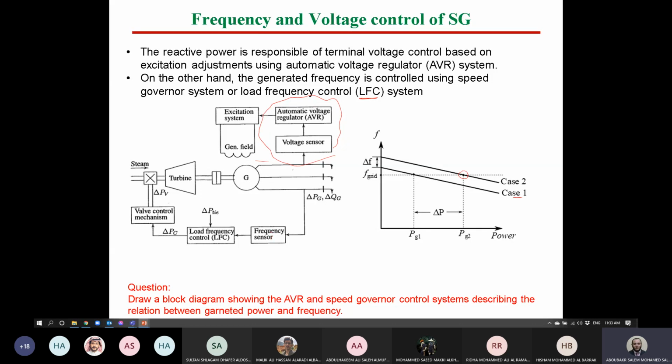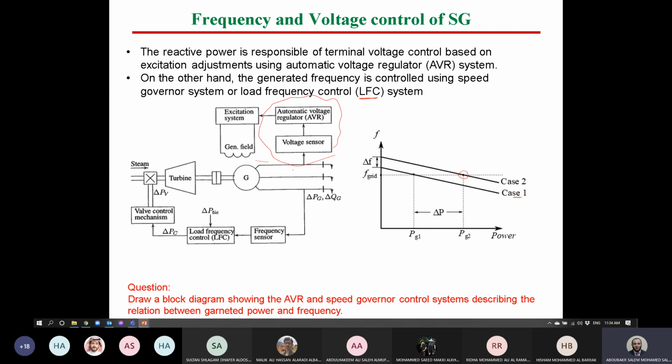Based on that, guys, the load frequency controller or the speed governor will sense the change in this power and accordingly control the mechanical valves to change the power of the turbine in order to keep the generator working at a certain speed. Okay, guys? So this is a very simple block diagram for both systems, for AVR and for LFC or speed governor.